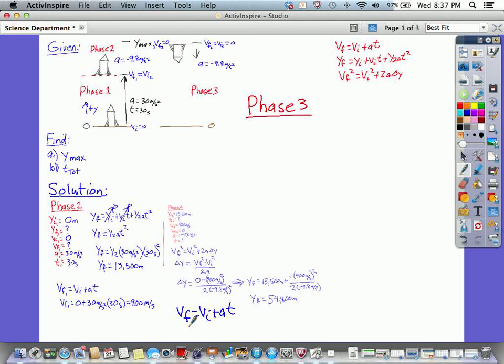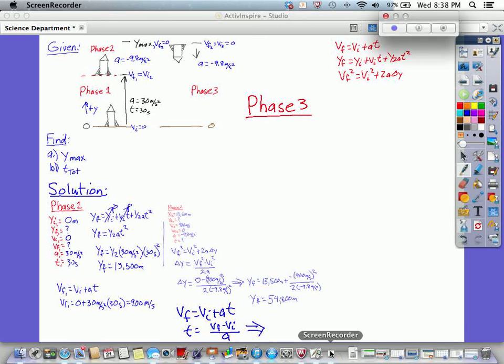And if we solve this for time, we're going to get time is equal to V final minus V initial, all divided by the acceleration. And if you plug into that, we're going to be able to get time there. So plug into that real quickly.